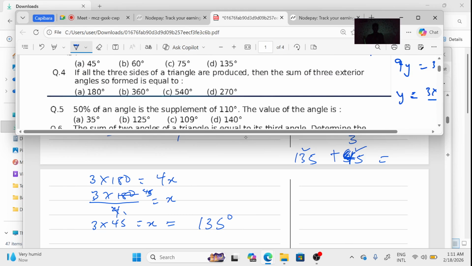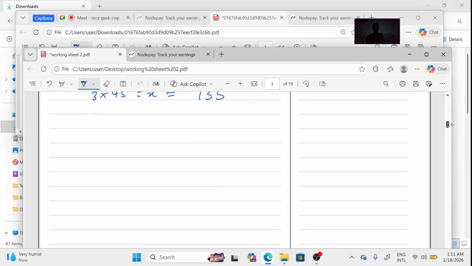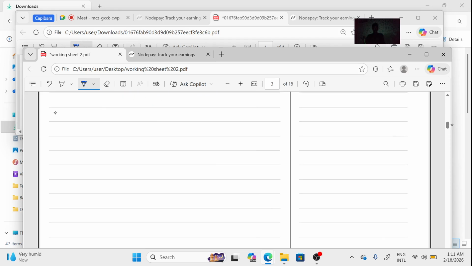So a triangle is formed, something like this. Let's have it this way.